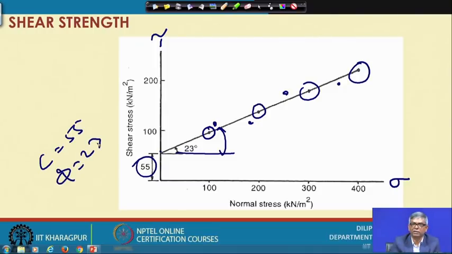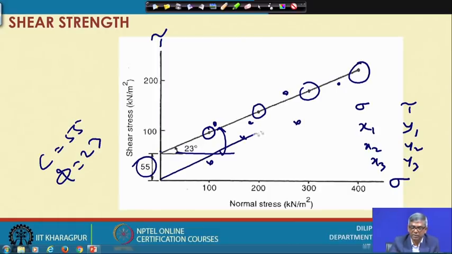And as I have mentioned, most of the time a cohesionless soil is tested in the direct shear apparatus. If you apply sigma and get tau, suppose you get some values x1 y1, x2 y2, x3 y3, and the points are like this, then we can have a best fit line like this, and directly measuring this angle we can find the value of phi.